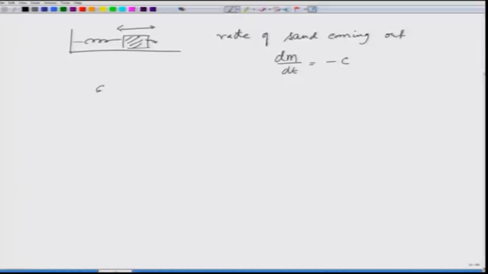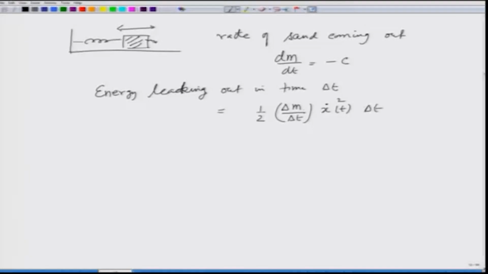So, energy leaking out in time delta t is going to be equal to delta m times 1/2 x dot squared, where x dot is the velocity at that time. If delta m by delta t is negative, energy would be leaking out, it will come out with a negative sign. In time delta t, it is going to be times delta t.